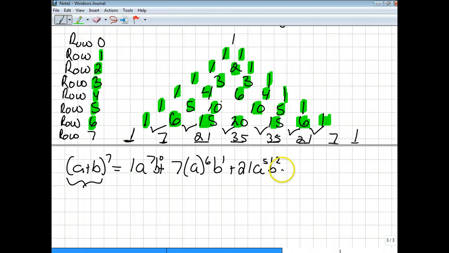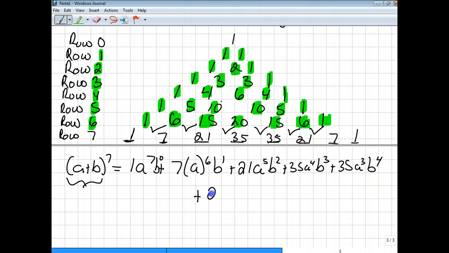Okay, so then the next one would be 35 a to the 4th, b cubed. Then the next one would be 35 a to the 3rd, b to the 4th. And I ran out of room here, so I'm going to come down here.